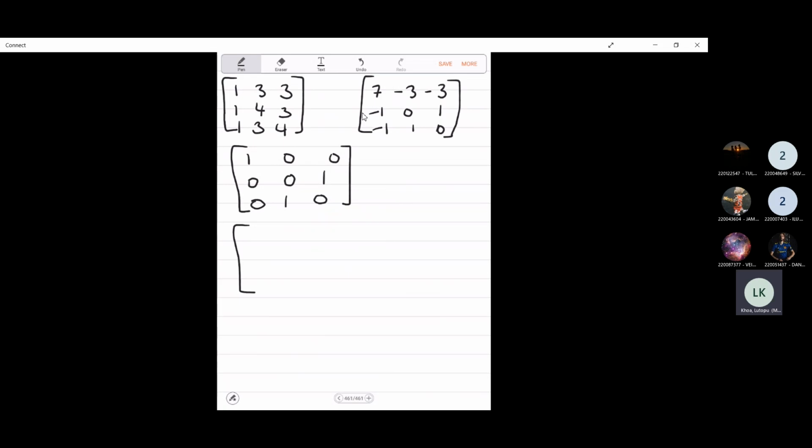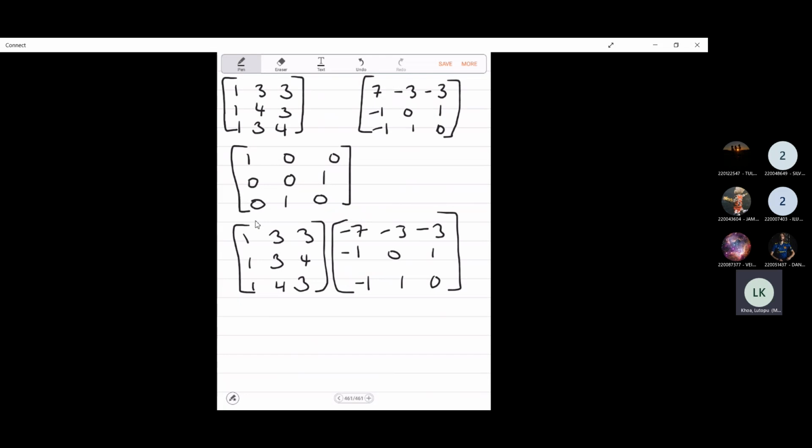matrix I started with. So if I have 1, 3, 3, 1, 3, 4, 1, 4, 3, and then this is 7, minus 3, minus 3, minus 1, 0, 0, minus 1, 1, 0. Okay, so this times that, nothing will change here.